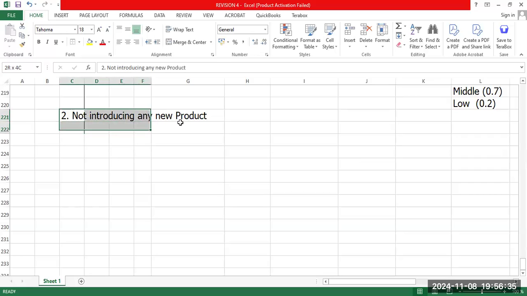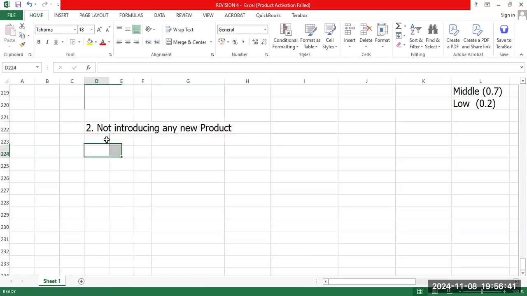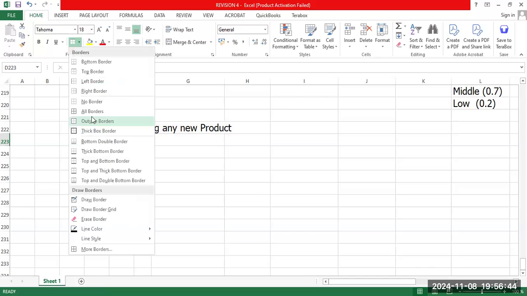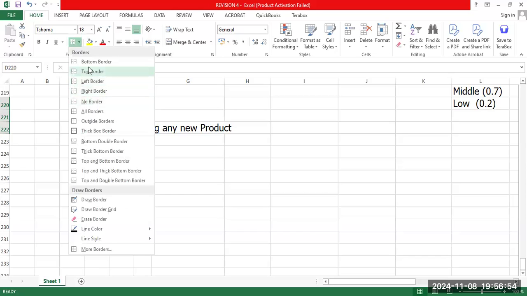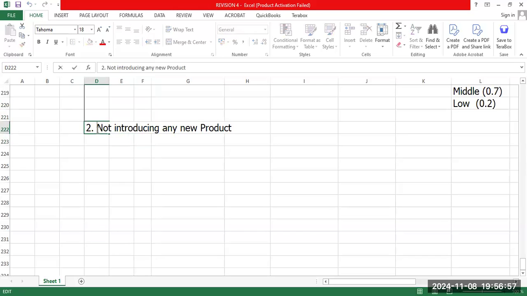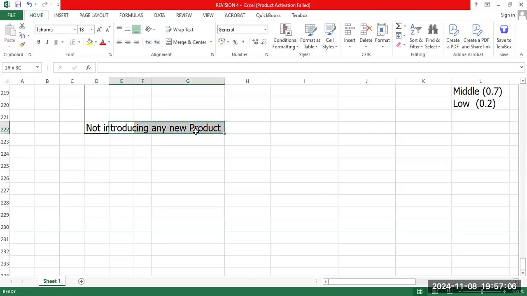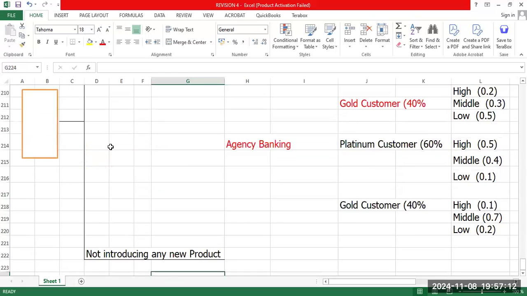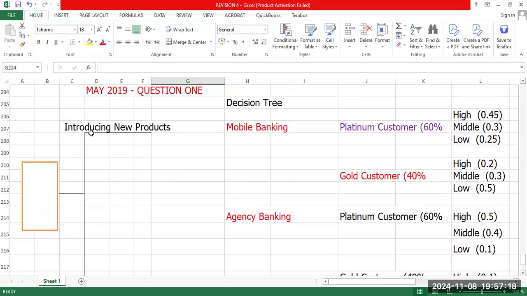That is option number 2. Do you observe that each alternative is starting from a box?